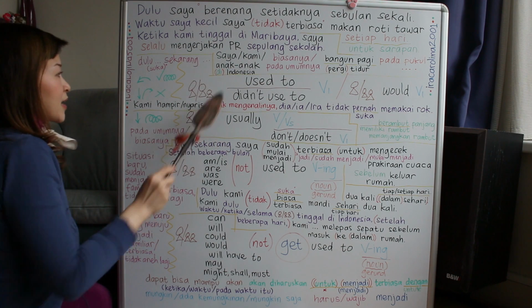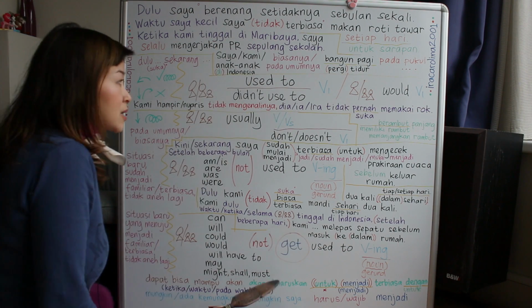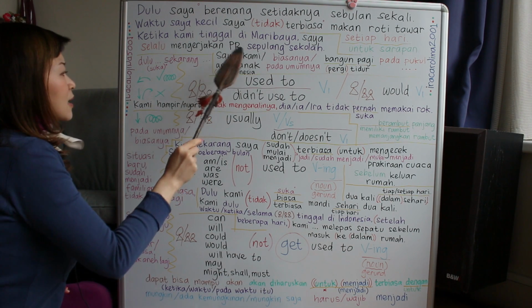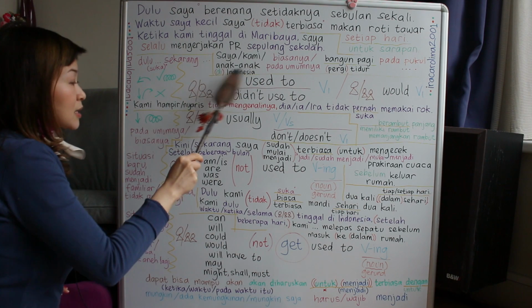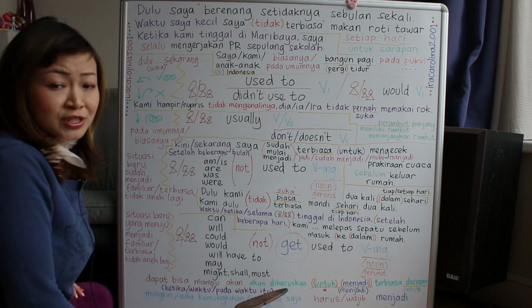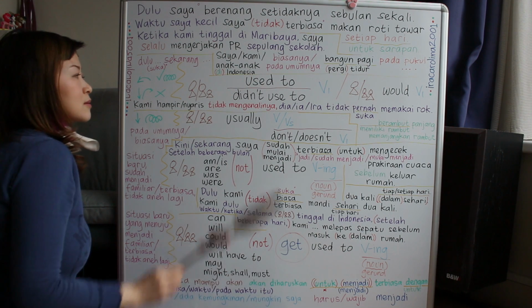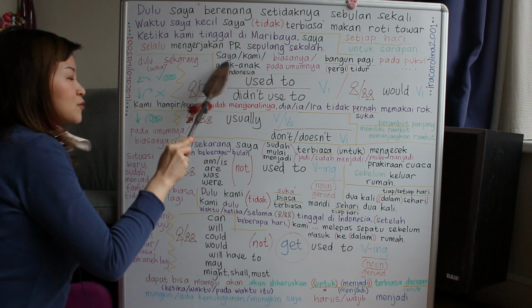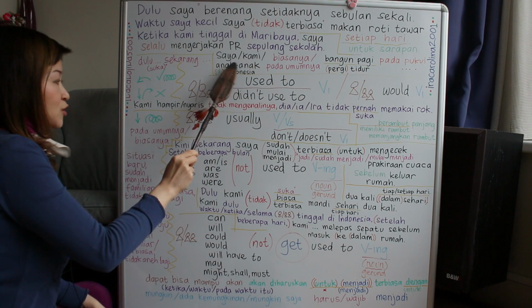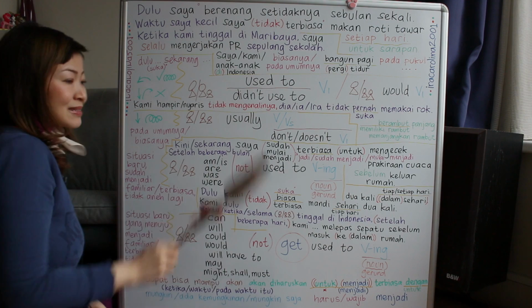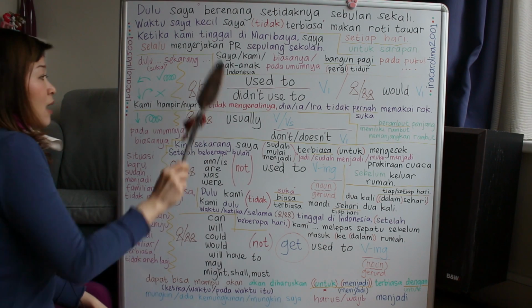Saya, I, or kami, or we. Anak-anak, or anak-anak is children. You have to put it in repeat. Don't forget the stripe. That's how you change the child into children.